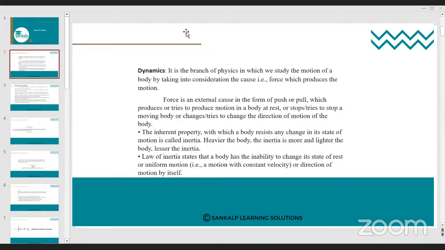Who wants to describe the first law? Students, otherwise you will feel bored in the class. You also interact, it will be good. What is Newton's first law of motion?